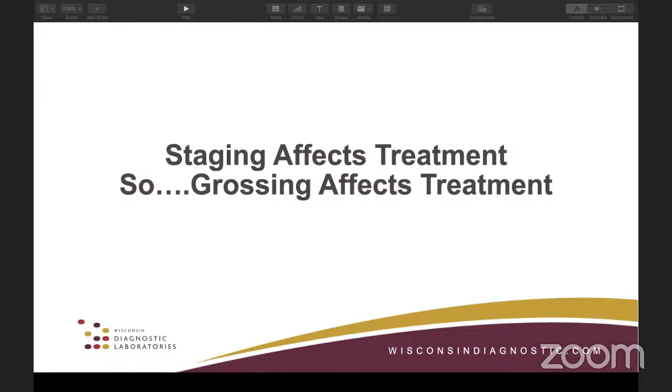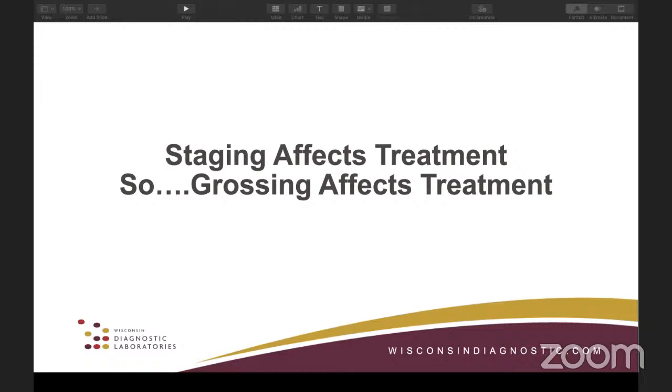So grossing affects the staging, and the staging affects the treatment. So that means that grossing affects the treatment. Now, I went to a conference a couple of weeks ago, and there was a pathologist there who was talking about, I think the title of his talk was something like how pathologist assistants save lives or change lives. But the idea was that the grossing that we do as pathologist assistants and as pathologists saves lives.